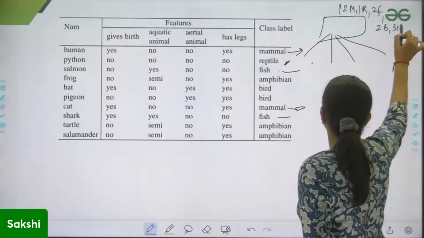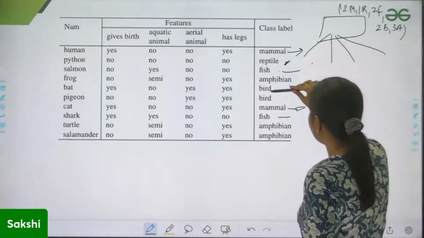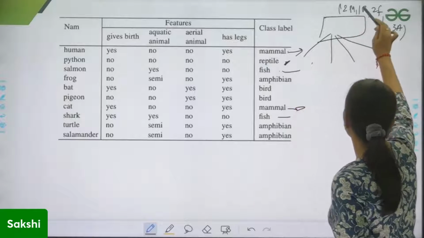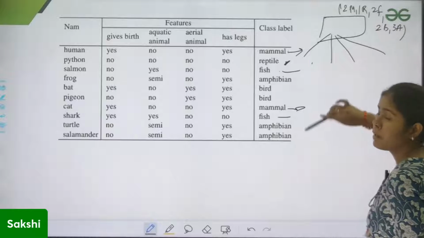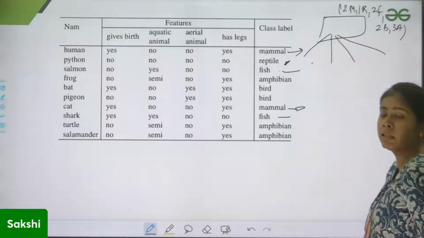Three amphibians. Right. So how many examples do we have? 1, 2, 3, 4, 5, 6, 7, 8, 9, 10. So we have two mammals, one reptile, two fish, two birds, and three amphibians.